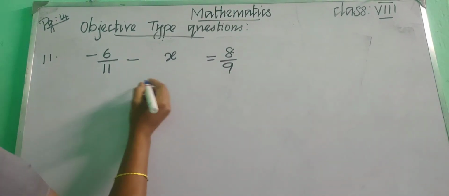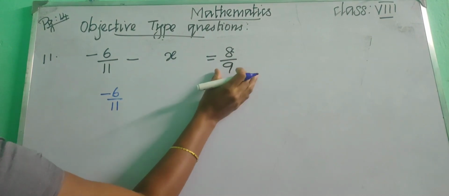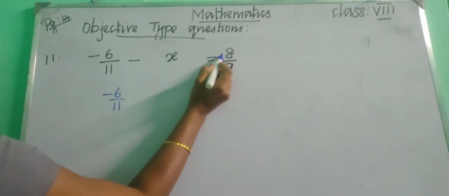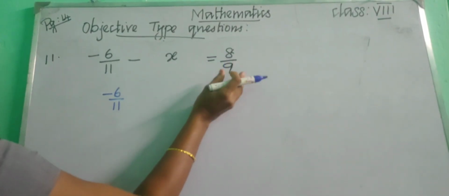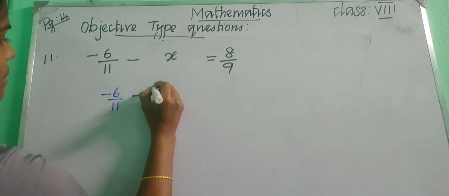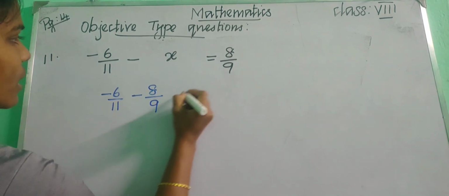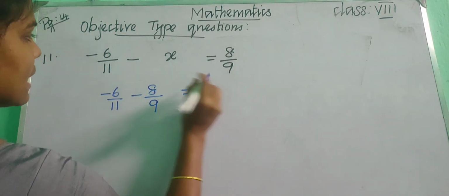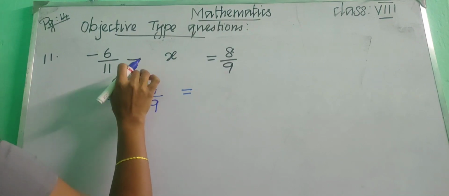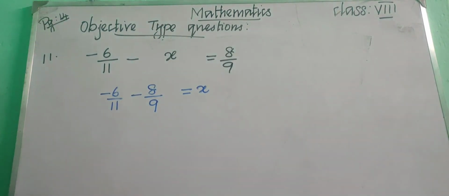So let us do. -6 upon 11, we are bringing this rational number to this side. It is having plus sign, right? So if it is moving to this side we need to put minus symbol. So -6 upon 11 minus 8 upon 9 equal to x. Minus x is here; if it moves to the other side we'll get x, okay.